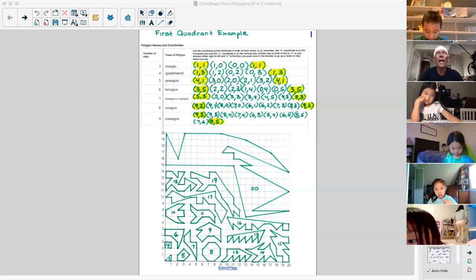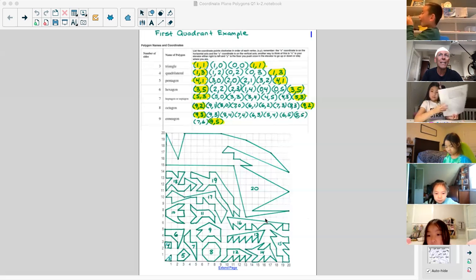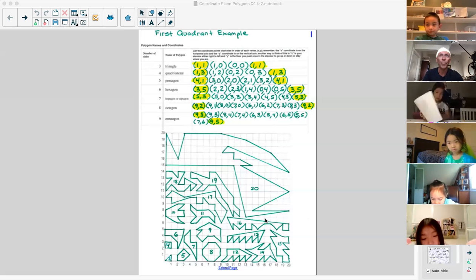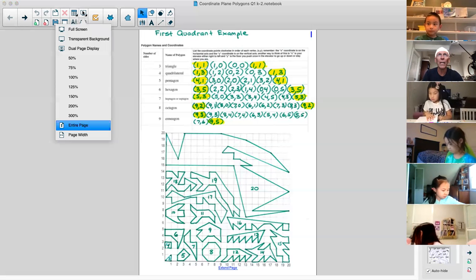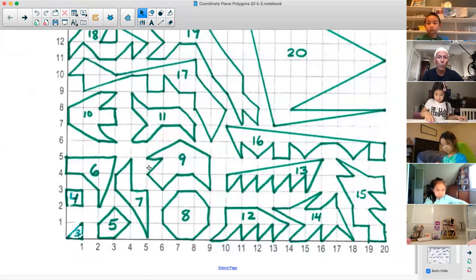Now, I want to ask you guys a question. I want you to look at this picture of 20 different polygons. It is on your page 1. And I want to know, can anybody find the triangle which has 3 sides? Who can find the triangle?